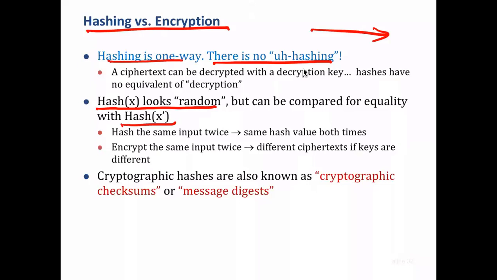If you hash one value multiple times, you will get the same result, because there's no concept of a key that can change. While if you encrypt the same message multiple times, and we have seen earlier where we include randomness, then the output value also changes, right? So these are just a few points to think about.